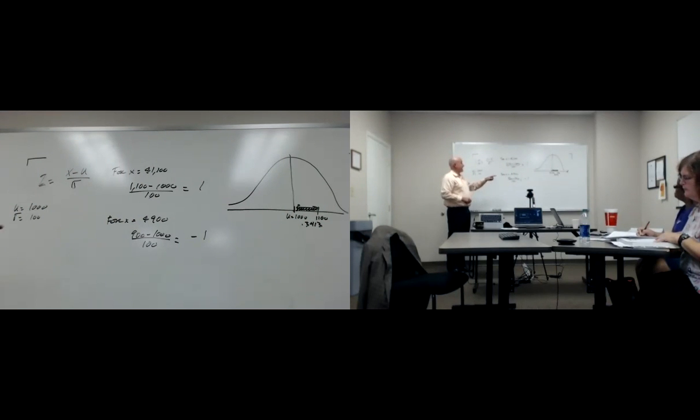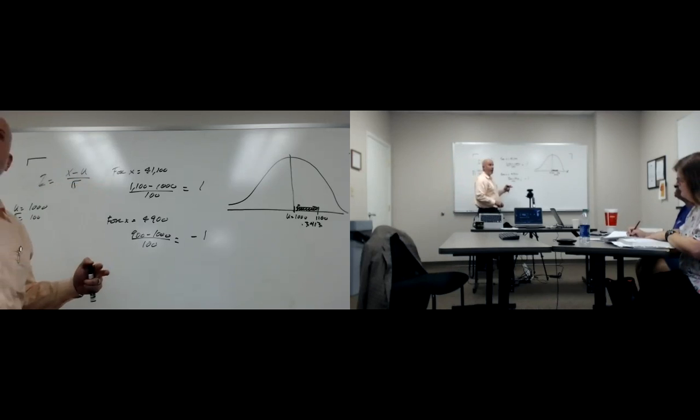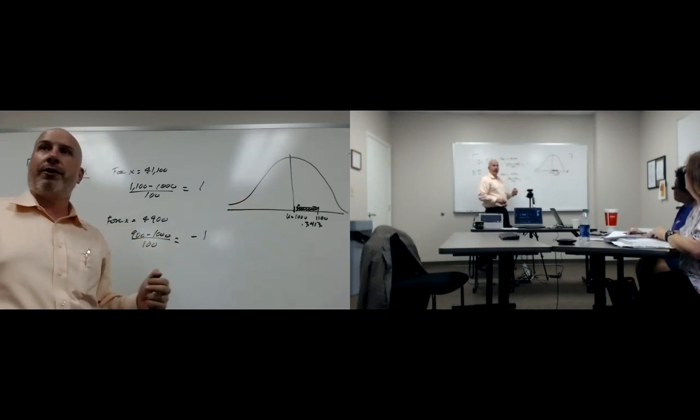So interpreting this, you have a 34% probability of selecting a foreman whose income would fall between $1,000 and $1,100 per week.